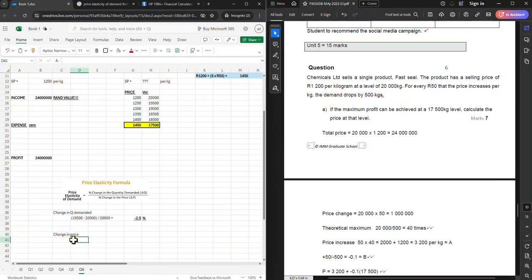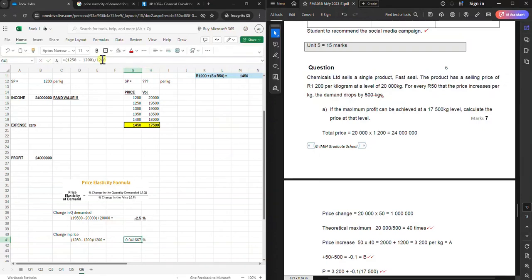Change in price. So let's do change in price. What would change in price be? The price before was 1,200. No. Sorry. 1,250 minus 1,200. Yeah, exactly. It's going up, not so? Do you agree? Yes, exactly. Agreed. Going up by 50 rand.